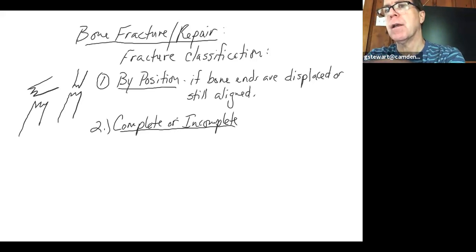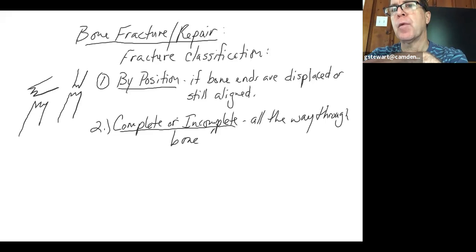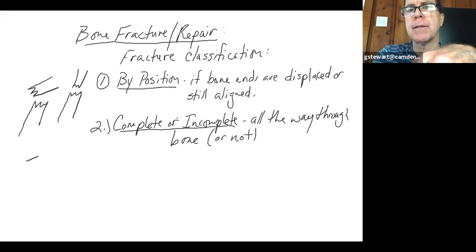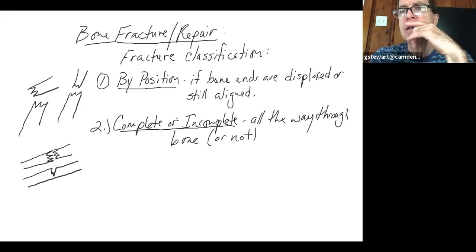So I'm just going to write all the way through the bone, and in parentheses I'm going to say or not. And that would be something like this. If the fracture goes all the way through, it would look like this. That one would be aligned from number one. Or if the fracture just goes partway through the bone like this, that would be complete or incomplete.